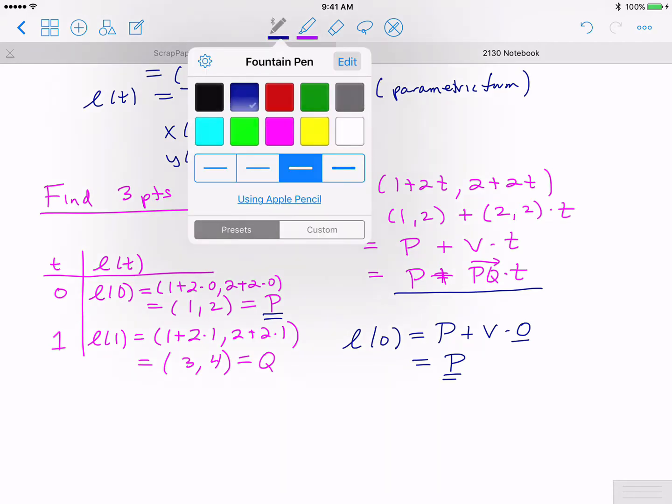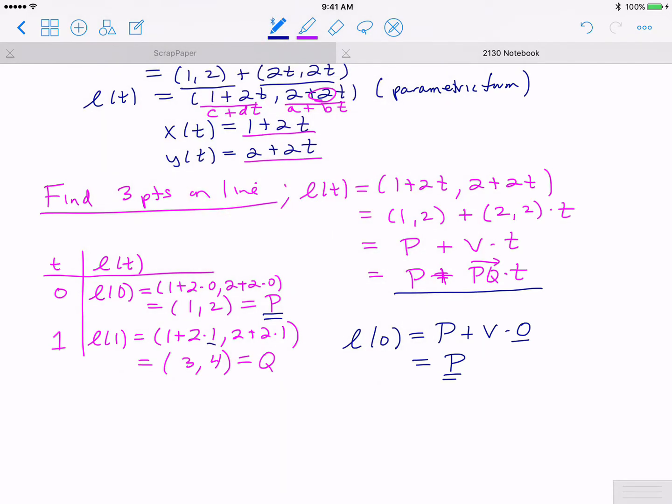Well, why did it work out like that? You could either plug in the values of t and then do the arithmetic on each entry, or you can say that at time 1 we're at the point p plus direction vector times 1, but our direction vector was p to q times 1.